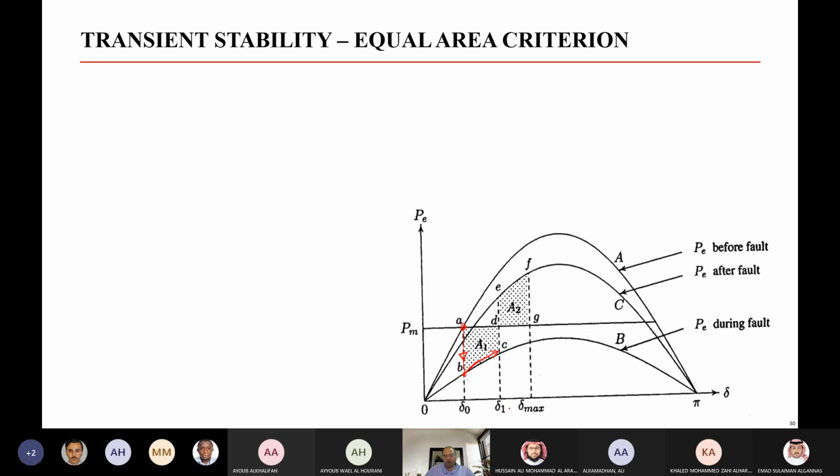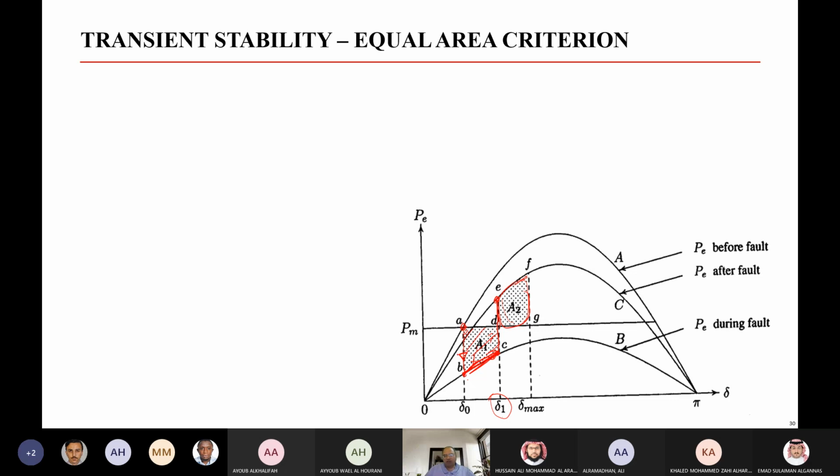If you clear the fault here, then this point will go to the post-fault curve, and the post-fault is not equal to the pre-fault. Due to this acceleration area, we have P mechanical greater than P electrical. Then by inertia, it will continue, but it will have a deceleration area here, and it will go back and forth.